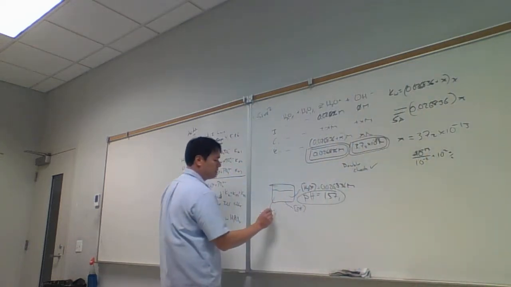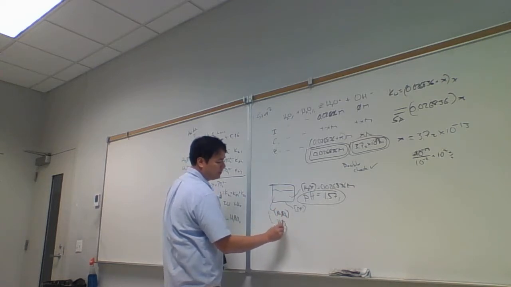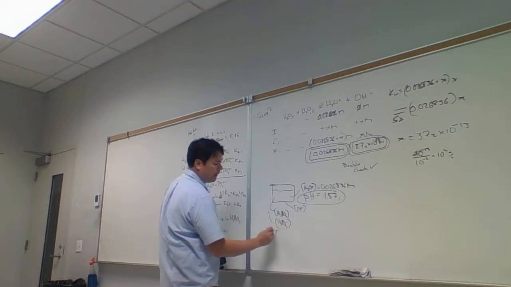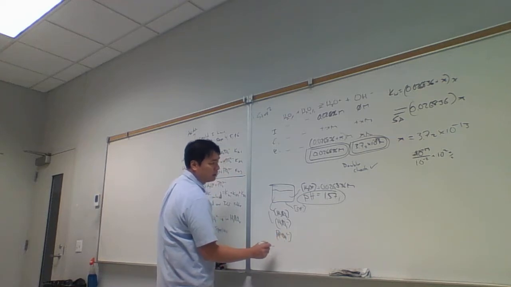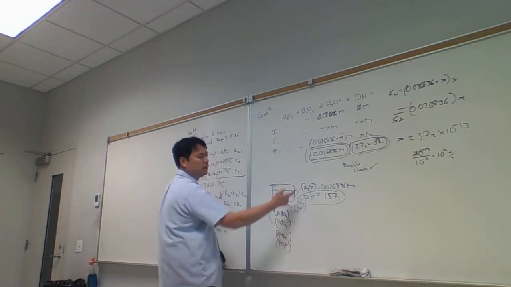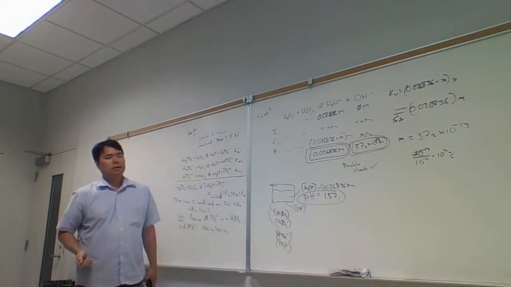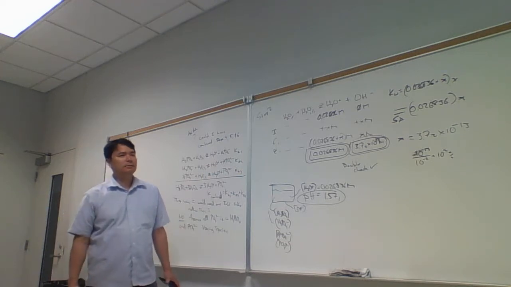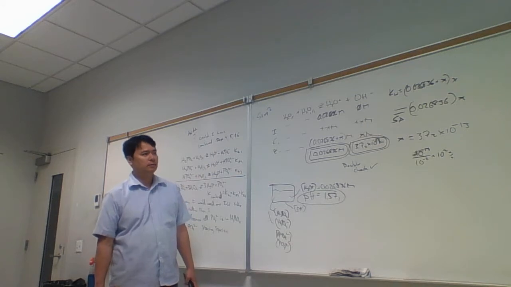What's going to be present here is H3PO4, H2PO4 minus, HPO4 2 minus, and PO4 3 minus, as well as hydronium and hydroxide. So this is kind of like chapter 16. We ended up exceeding capacity. We ended up making phosphoric acid and then figuring out what we had left.